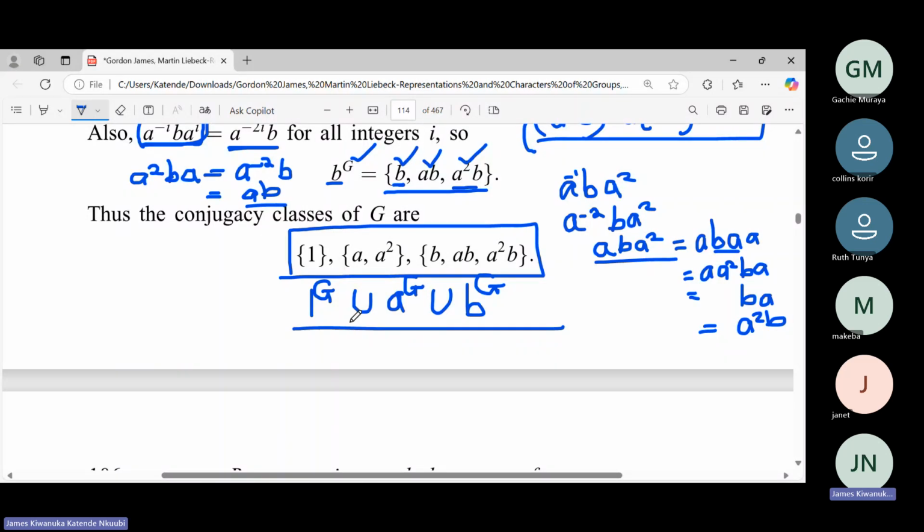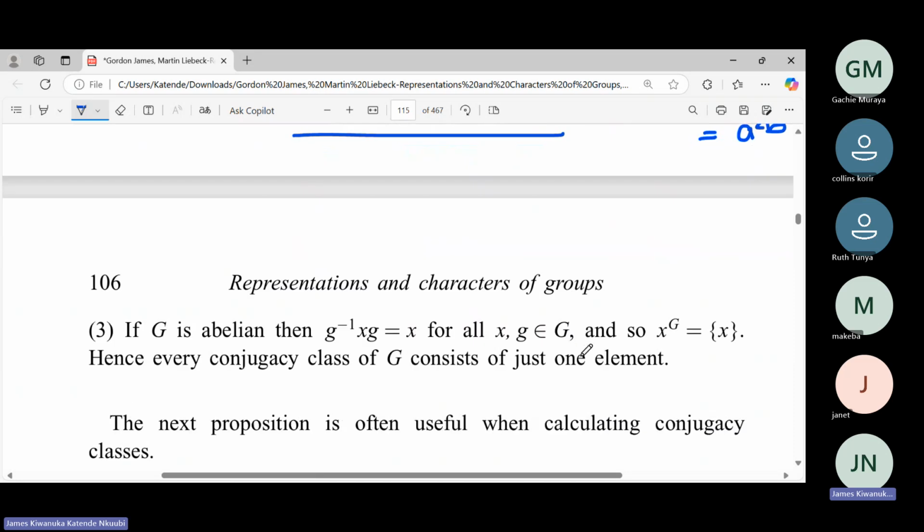Where these are the representatives: 1 is a representative here, A is a representative, and for B you can use any representative and it will still work. For instance, I can replace B with AB, or I can also replace it with A squared B. It will still work, because we need 1 representative only.